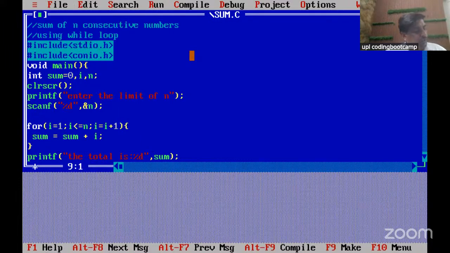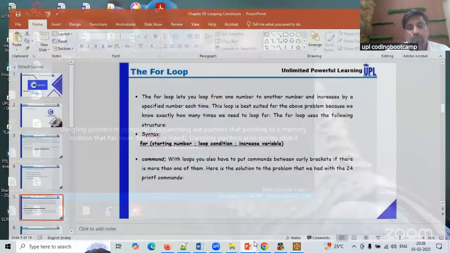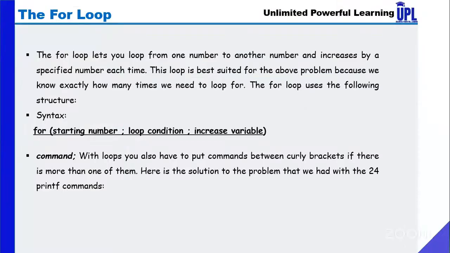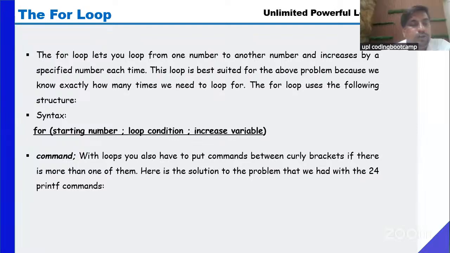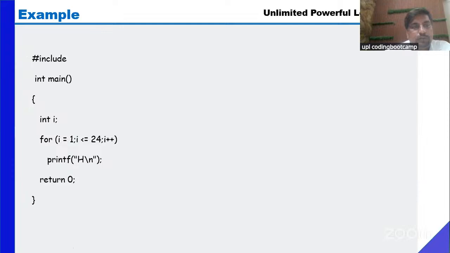There are 3 different types of loops available. If we use the for loop, there will be a starting number, a loop condition, and increase or decrease operations. This is how we do repetitive tasks.